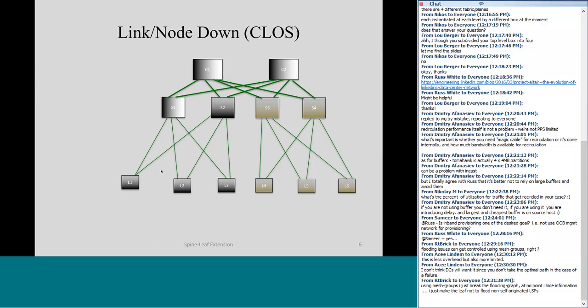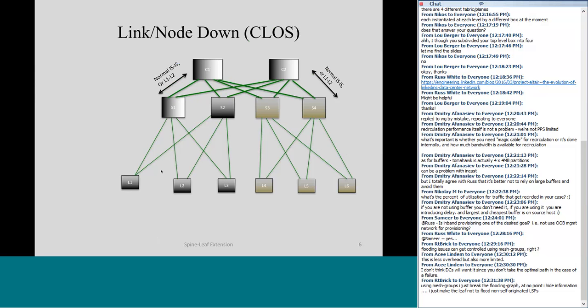And in this particular case, I'm drawing a typical Clos topology, which has three layers: access, spines, and the core layer.